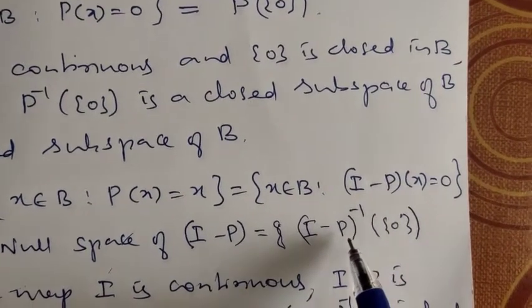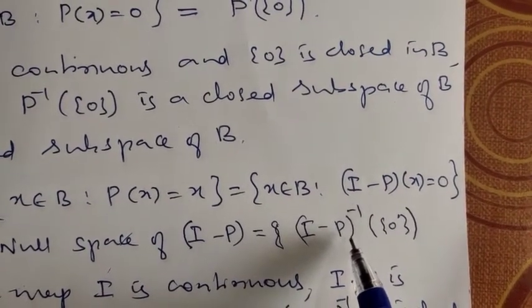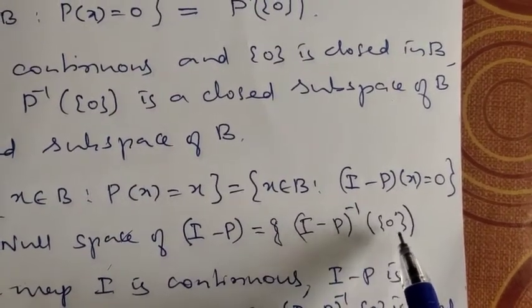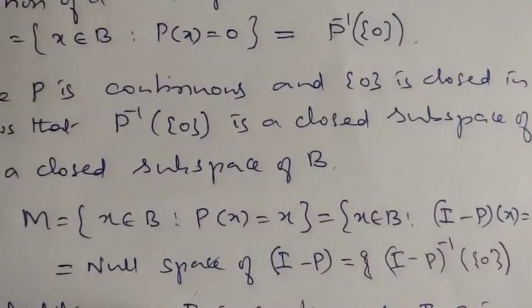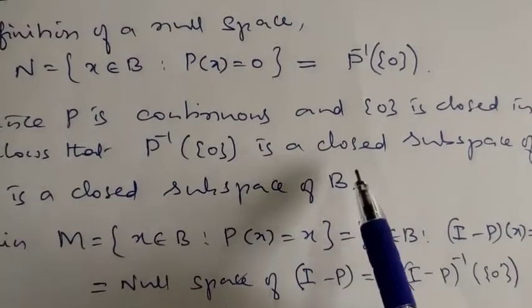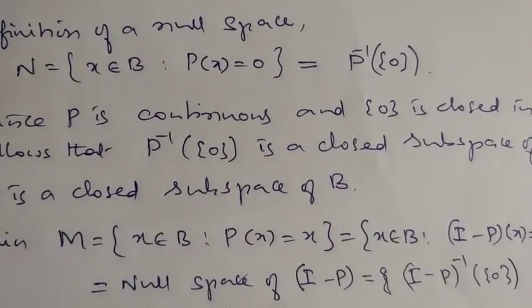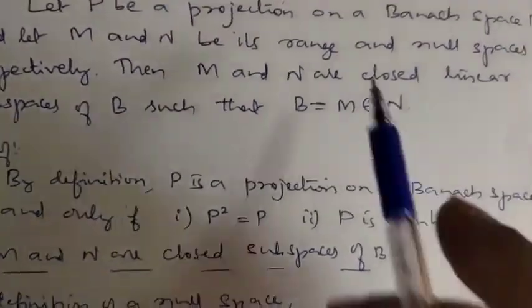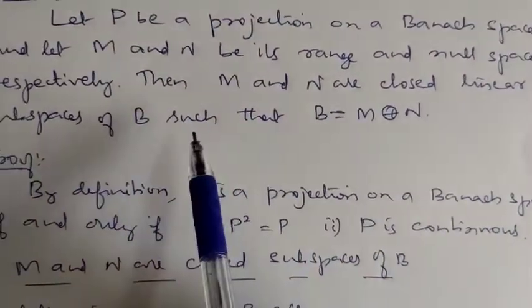Now as I minus P is continuous and 0 is a closed set, I minus P inverse of 0 is closed, that means M is also closed. Now the null space N is closed and the range space M is also closed. So we have shown that M and N are closed linear subspaces of B.